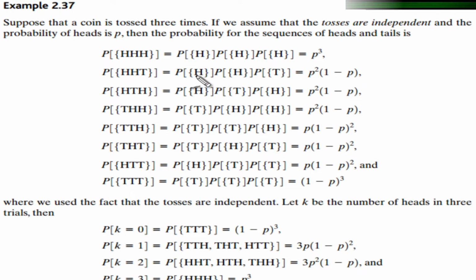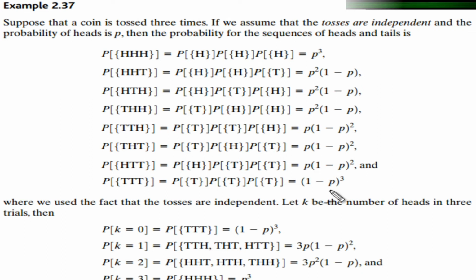Similarly, for heads and tails, because tail is not a success but a failure, it is P multiplied by 1 minus P, which equals P square into 1 minus P. Similarly, each sequence will have its own probability. You can see that for all tails, 1 minus P will end up as 1 minus P whole cube.